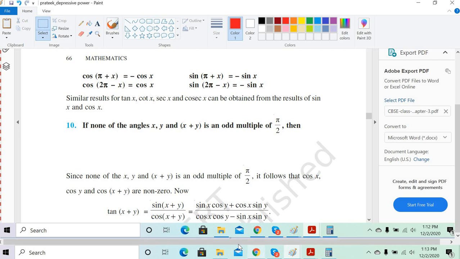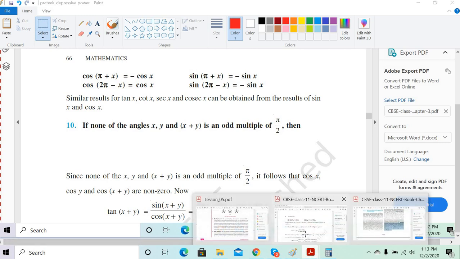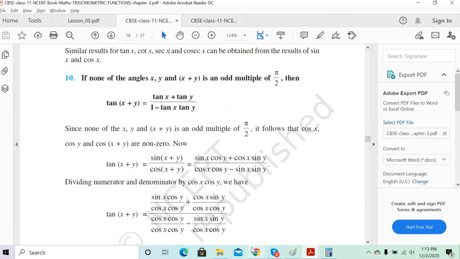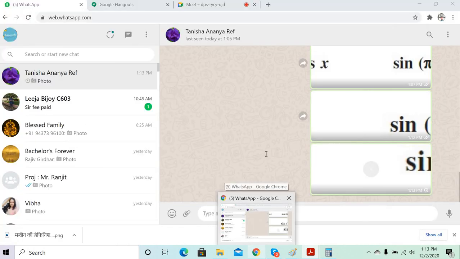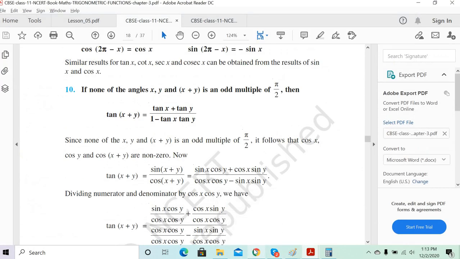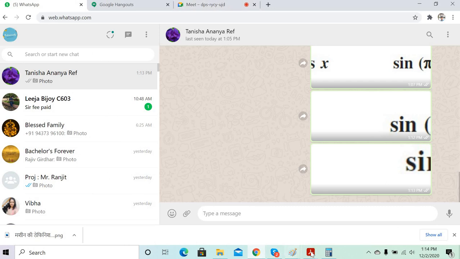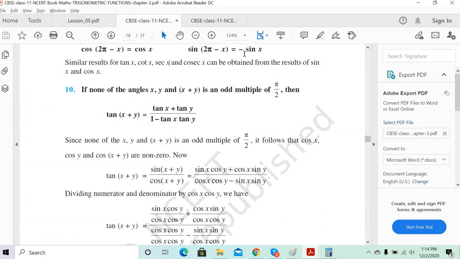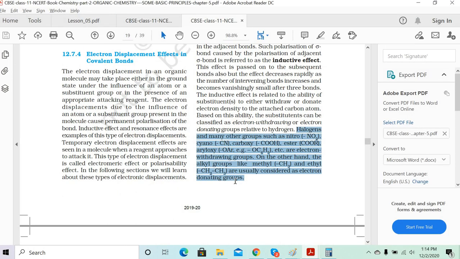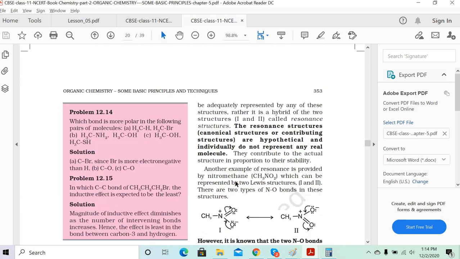So we write tan x plus y as sin x plus y over cos x plus y, and then expand and directly use the formula. Now you have the formula, and you have to start using it.